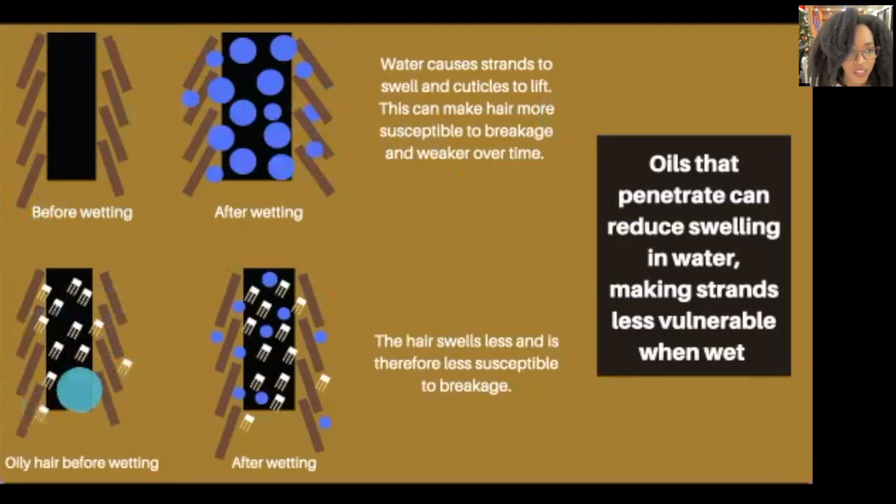But if you put oil in your hair before you wash it, especially a penetrative oil, which can go into your hair's cortex, then your hair is going to swell less when you wet it and will therefore be less susceptible to breakage while wet. And so it will not weather as quickly as if you just wet oil-free hair.